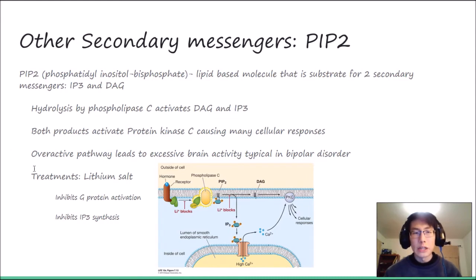But what's really interesting is that overactive pathways can lead to excessive brain activity, which can be found in certain illnesses like bipolar disorder. So in terms of treatment, you can use things such as lithium salt, which blocks your G proteins and inhibits them, and it also can block IP3 synthesis. And so in doing so, that can actually shut off this pathway and potentially help treat excessive activity of these pathways. Something to keep in mind.